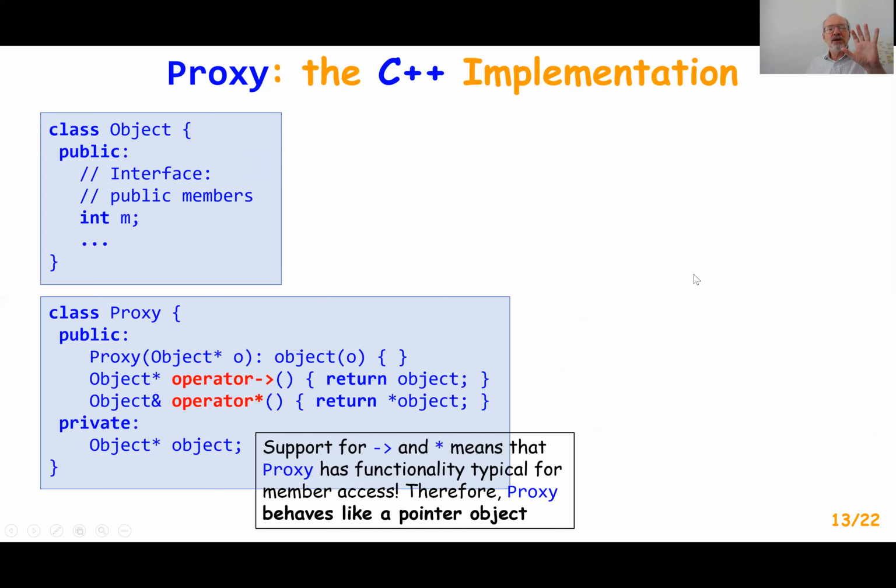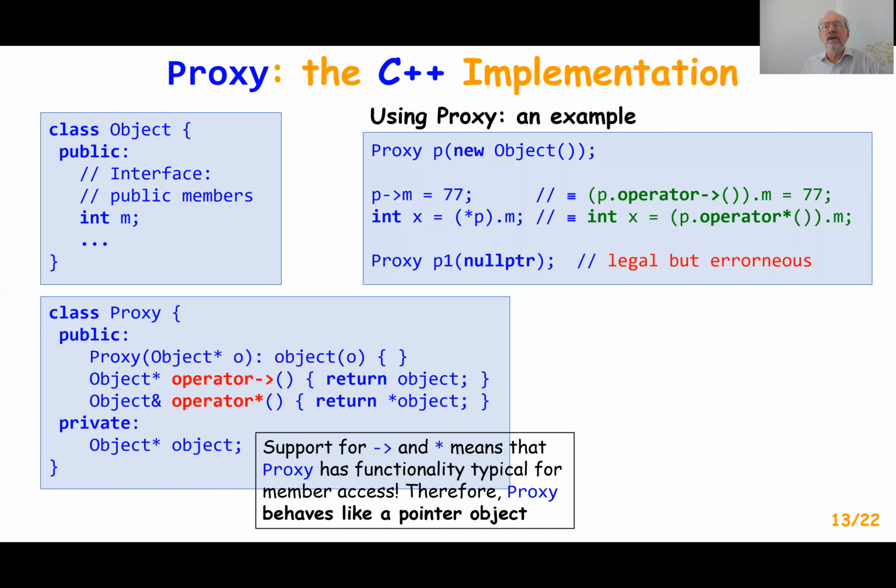And look at two operators in proxy, arrow and dereferencing. So the idea is that each time we get access to proxy using these operators, actually the corresponding functions are used instead. Let me show it to you on examples.